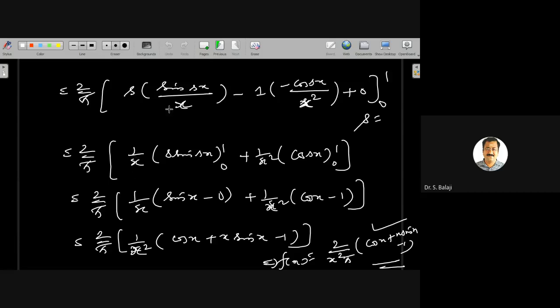Take 1 by x outside. Applying the limits: sin x at s equals 1, and cos x at s equals 1, minus cos 0 which is 1. Taking 1 by x squared commonly, this will be your required f of x: f of x equals 2 by pi x squared times (cos x plus x sin x minus 1).